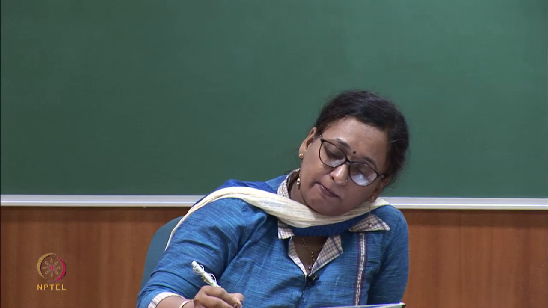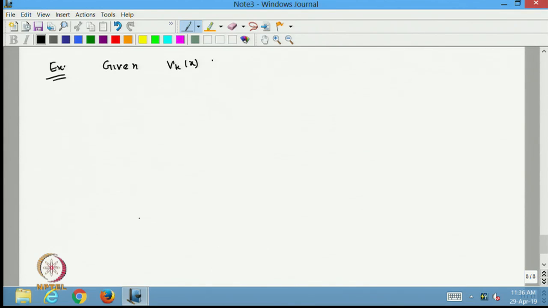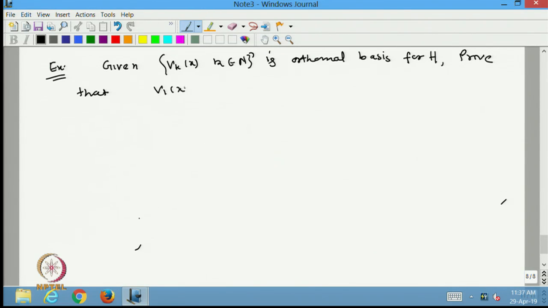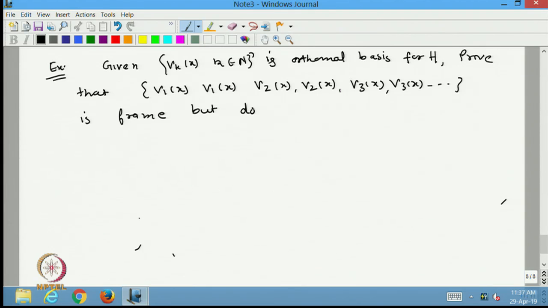Now, another example let me take. Given Vkx, k belongs to N, is an orthonormal basis for H, prove that V1x, V1x, V2x, V2x, V3x, V3x and so on is a frame but does not form a Riesz basis for H. Okay, so this is the example we are working.